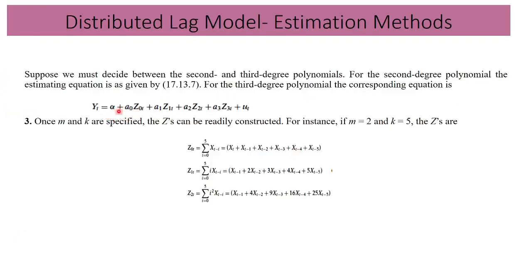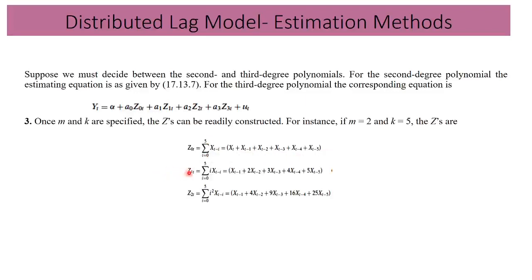That is, yt equal to alpha plus a0 z0t plus a1 z1t plus a2 z2t plus a3 z3t plus ut. Once m and k are specified, the variable set can be constructed as follows. If m equal to 2 and k equal to 5, that is 0 to 5, then z0t equal to sigma of i equal to 0 to 5 of xt minus i, that is xt plus xt minus 1 plus xt minus 2 up to xt minus 5.